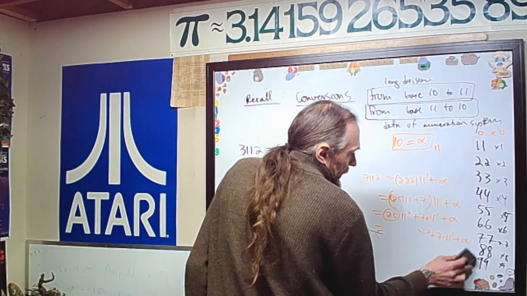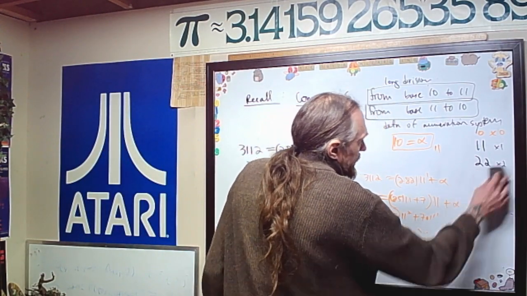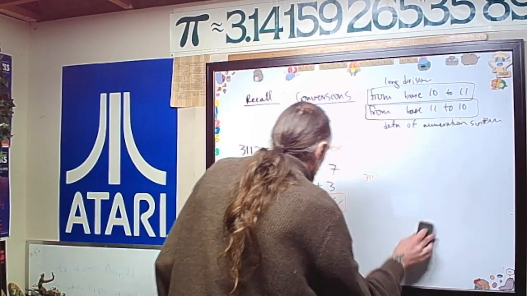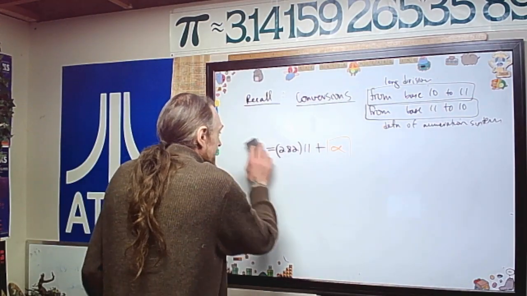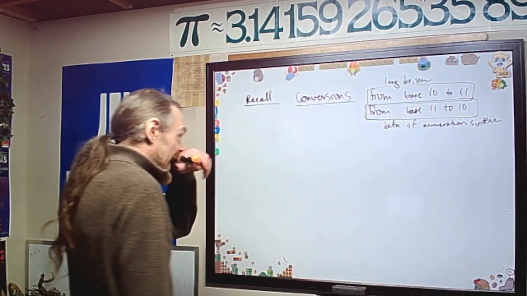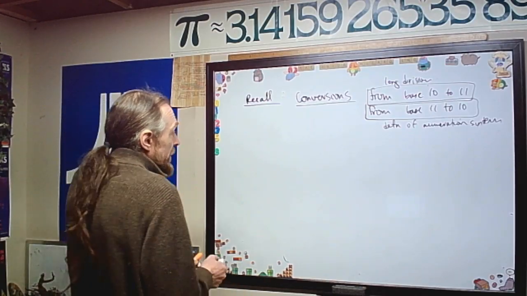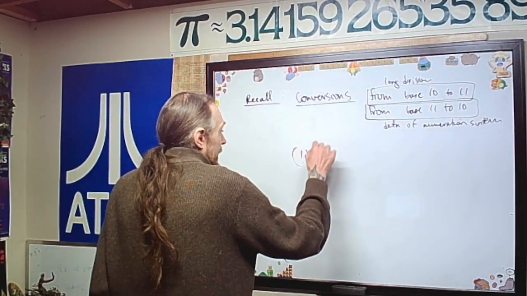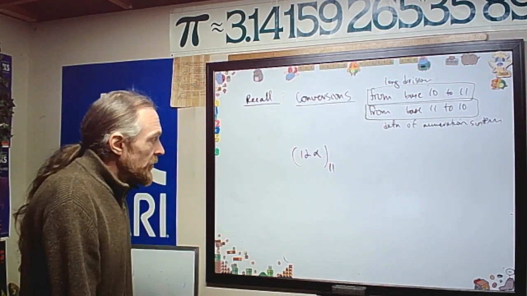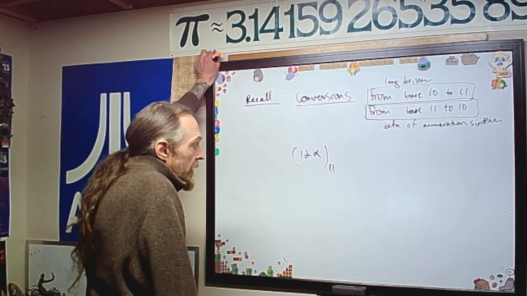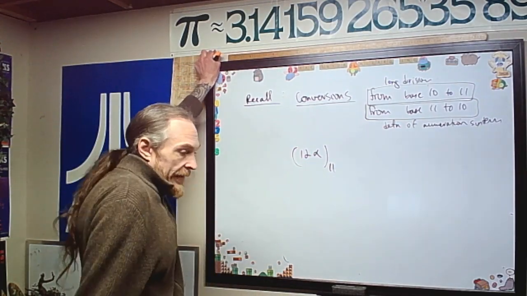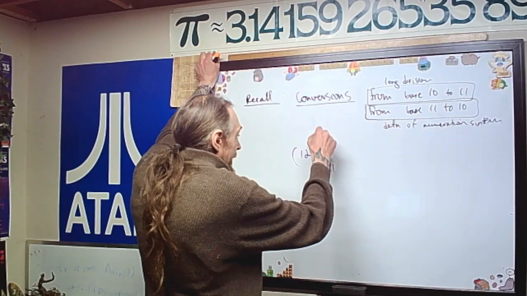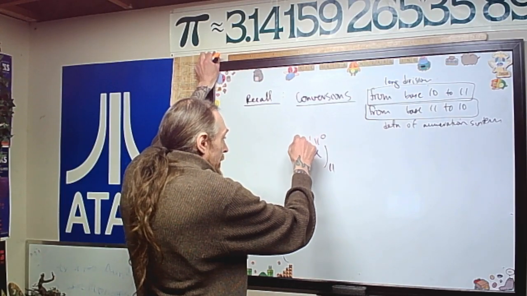The other direction is easier. Why? Because you use the definition. If I want to do, let's do 1, 2, alpha base 11 into base 10. There's a caveat in there because the alpha I have to turn into a 10 eventually, but this by definition is 11 to the 0, 11 to the 1, 11 squared.